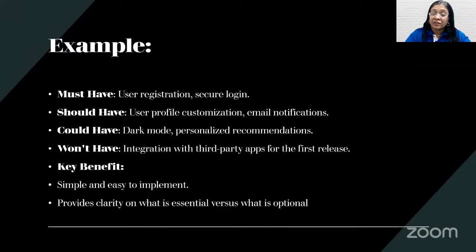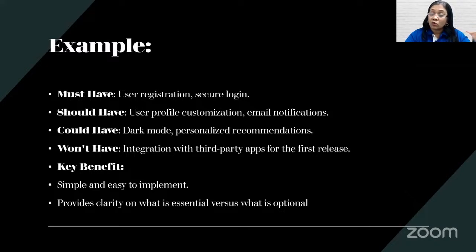Could have is personalized recommendations coming from the portal. It might be job recommendations or some new posts somebody has posted. Those posts must be coming to you because you have subscribed to that interest area. So it could have, but could have features can be deferred for later. Won't have: integration with other third-party apps for the first release.